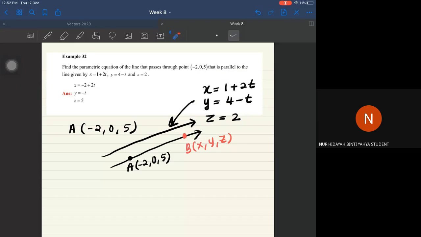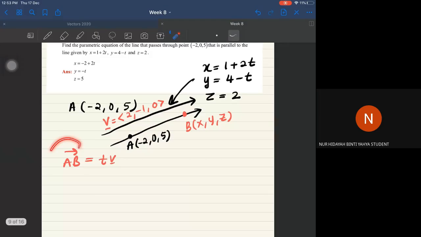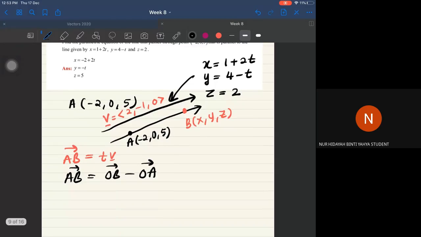So what is the vector here? So your vector V is equals to 2, negative 1, kosong. Okay. So by using AB is equals to tV, so you kena cari vector AB ni dulu. Vektor AB terhasil daripada OB minus OA. Syarat dia mesti ada satu point.